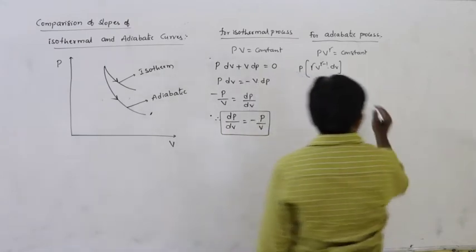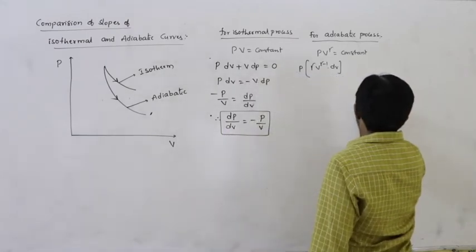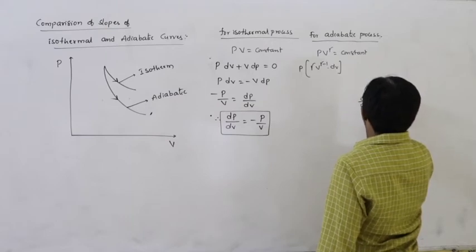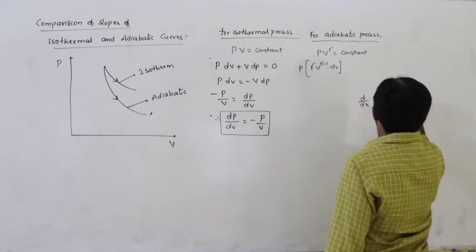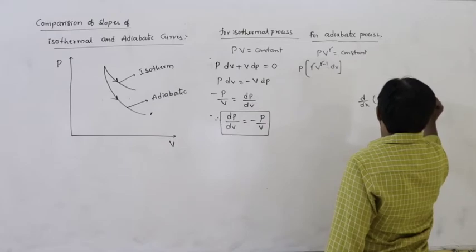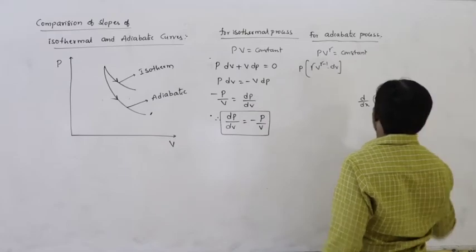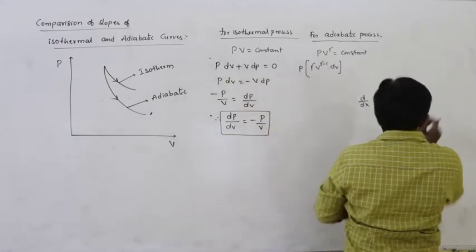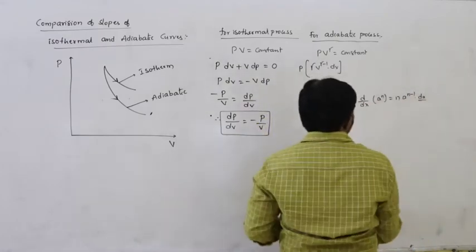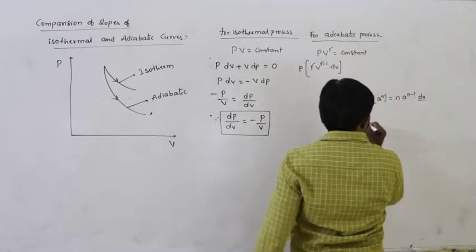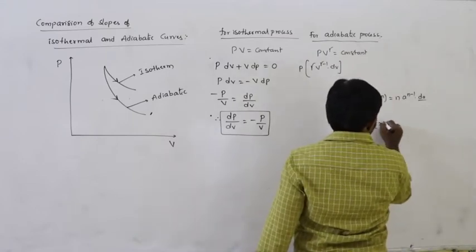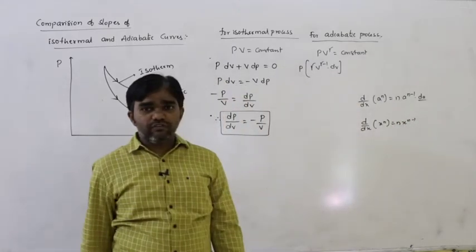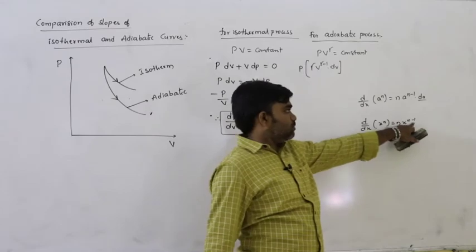Generally, d by dx of some A power n can be written as n into A power n minus 1 into dA by dx. Differentiation of x power n is equal to n into x power n minus 1.